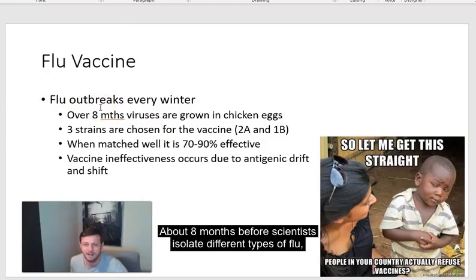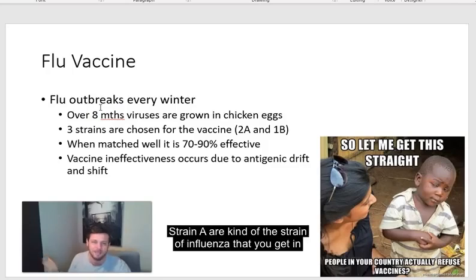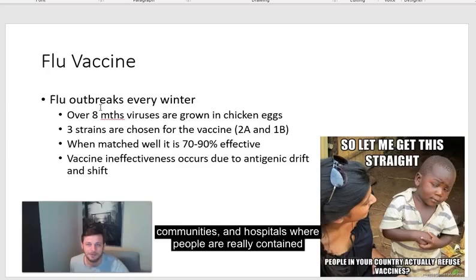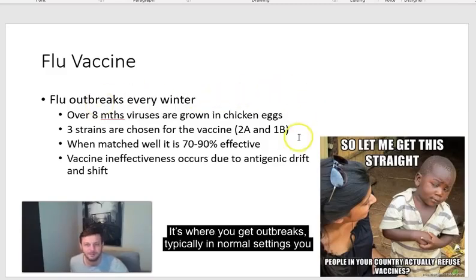About 8 months before, scientists isolate different types of flu, typically 3 strains, 2 of strain A. Strain A is the strain of influenza that you get in normal settings, whereas strain B is what we see in retirement communities and hospitals where people are really contained within small groups and their immune systems aren't great. This is where you get outbreaks of B.